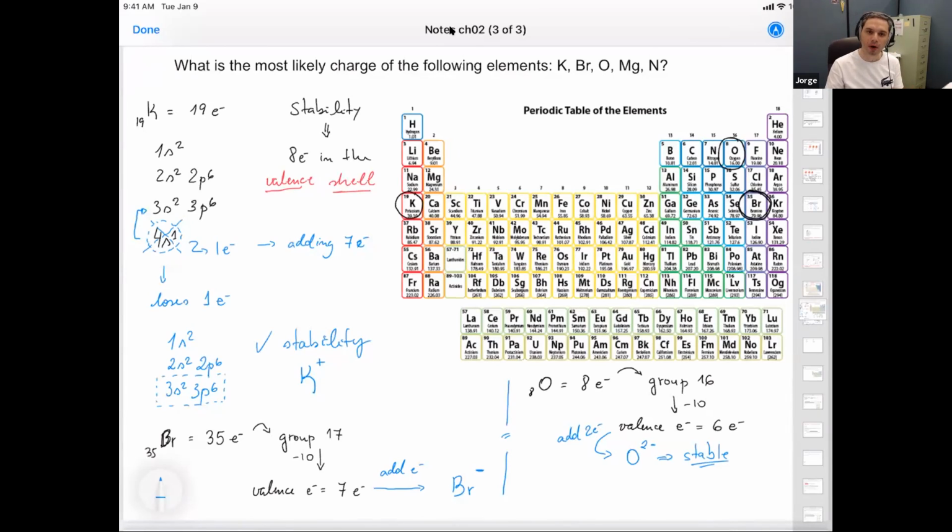Okay, so we are always going to deal with the valence shell. And that's where 95% of the chemistry reactions happen. The valence shell is the most exposed shell and the one that can lose or gain electrons.